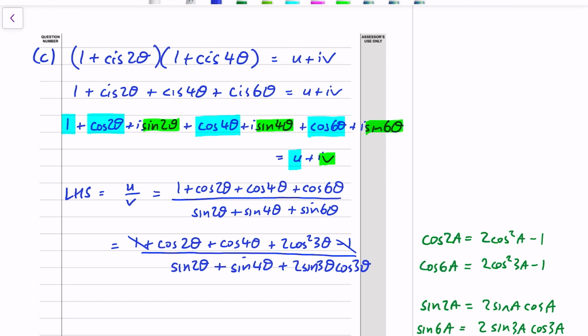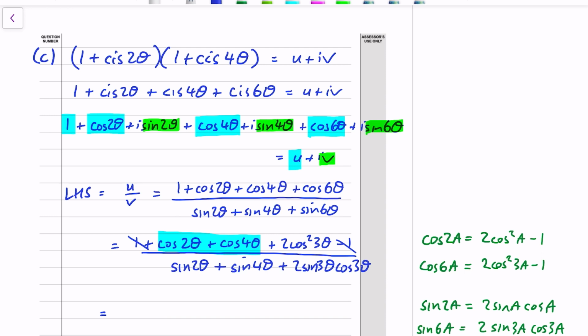It makes sense to move all the other stuff to 3 theta, so now I'm going to work on these together. There is a sum to product formula on the formula sheet that you can add two cosine expressions. It says cosine C plus cosine D, so I'm going to use that one now.